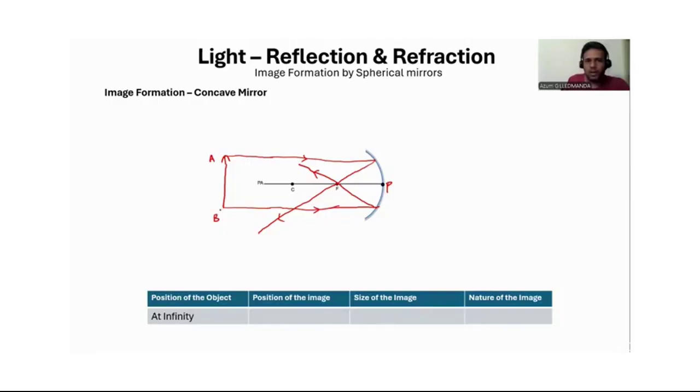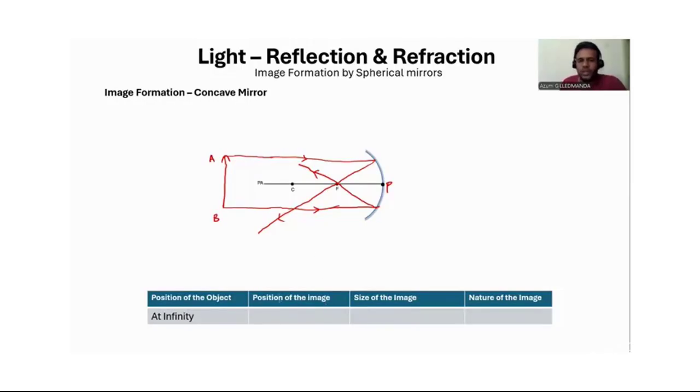So we have an object AB, and I just drew two rays, one at A, one at B, incident onto the concave mirror. As per the ray diagrams we just learned, this parallel ray reflects through the focus. The reflected ray will go through the focus, right? So if the position of the object is at infinity, what is the position of the image?